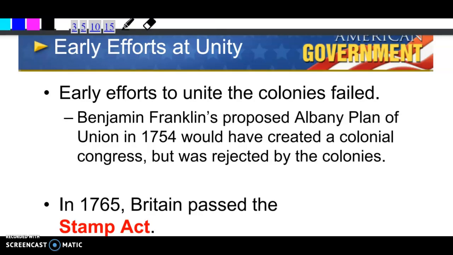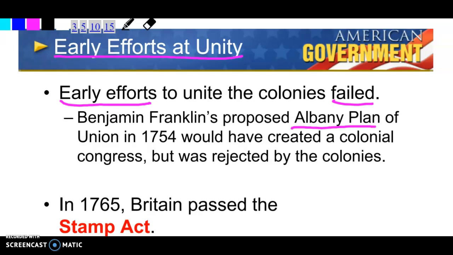Your next heading is the early efforts at unity. So the colonies wanted to try to unite, or certain leaders of the colonies wanted the colonies to unite, but the early efforts failed. Benjamin Franklin proposed the Albany Plan of Union.